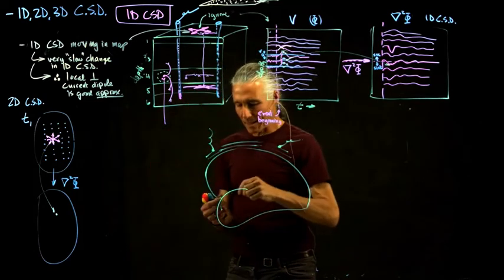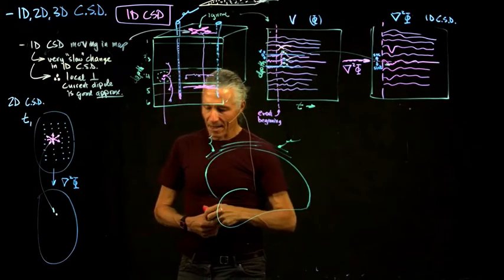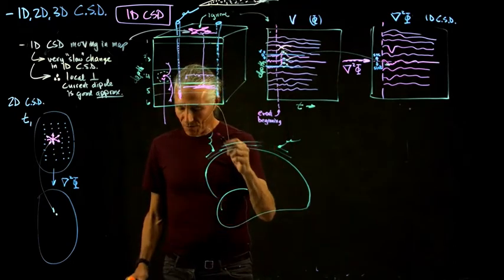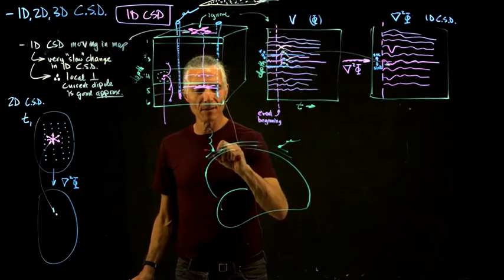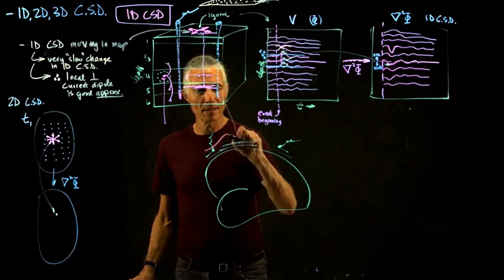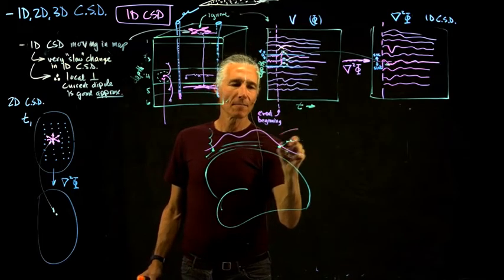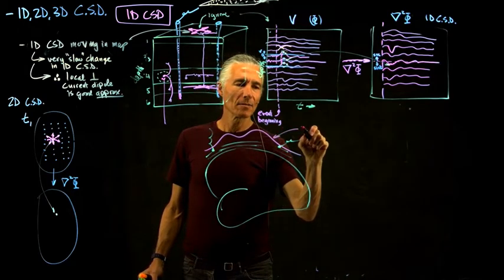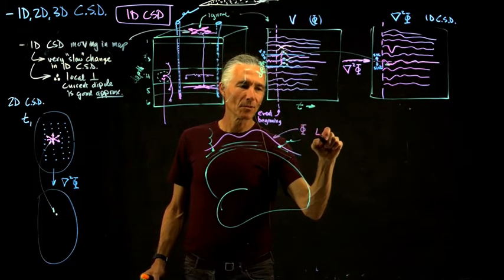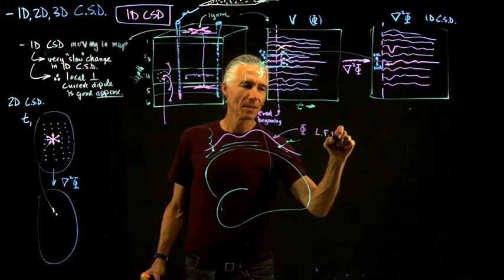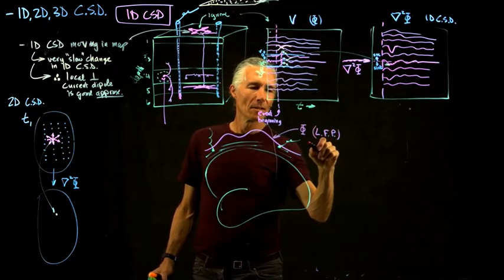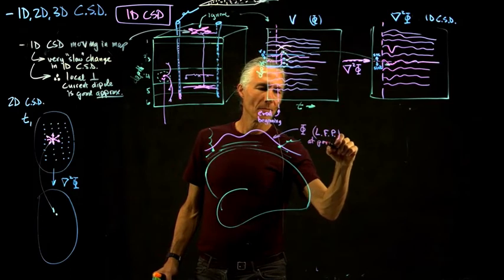Now, let's say that our local field potential at a point in time looks something like this. So this is the local field potential at a point in time.